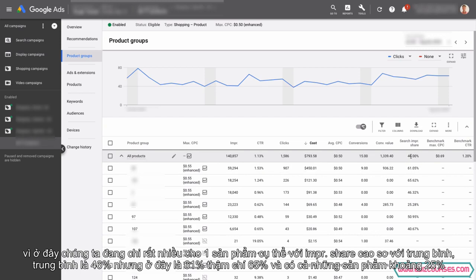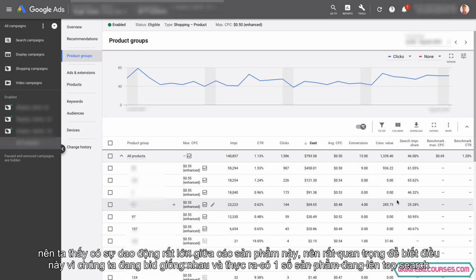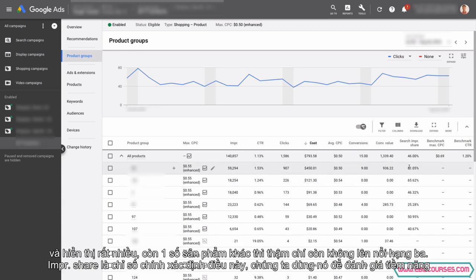The average is 46, but here we have products with around 60 or even 65%, and also products that only score around 25%. So we have huge fluctuations between these products. That's important to know, because we're bidding the same, and for some products that means we're going to the top of the search results and we show up a lot.